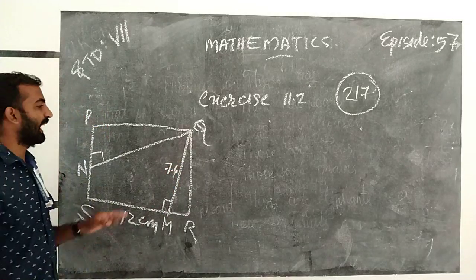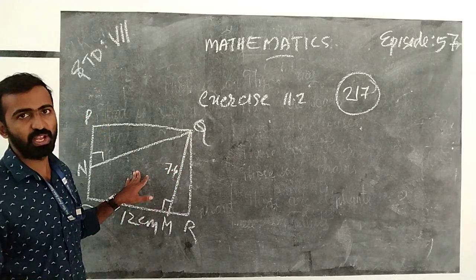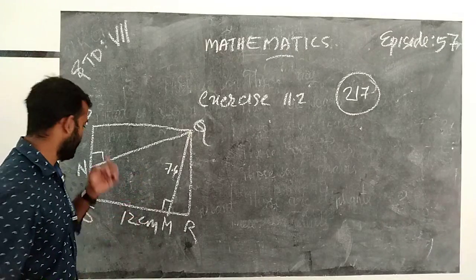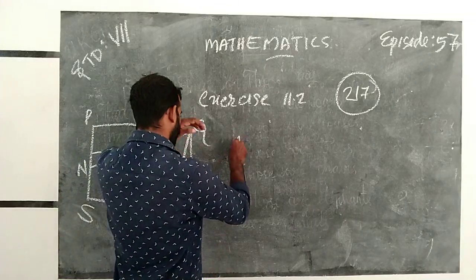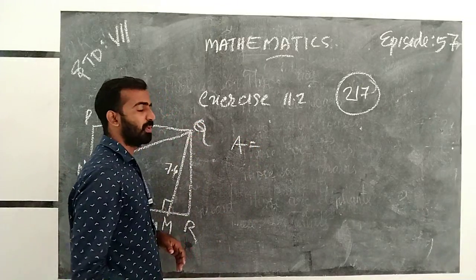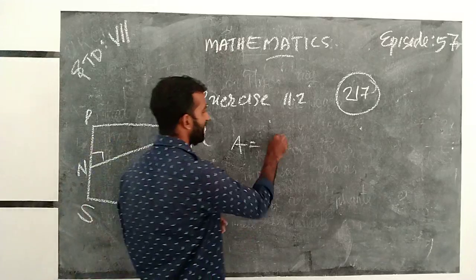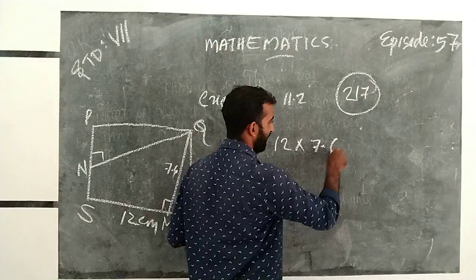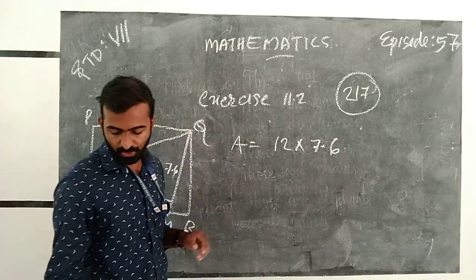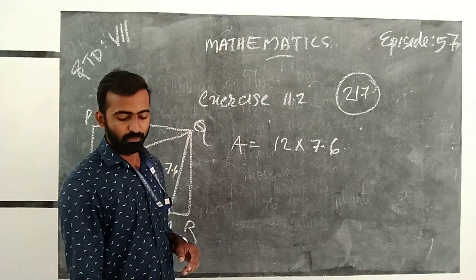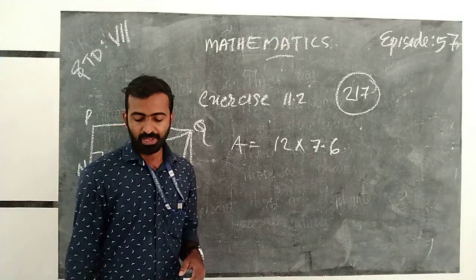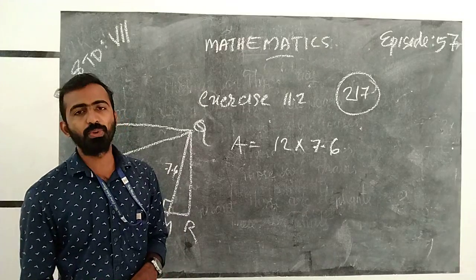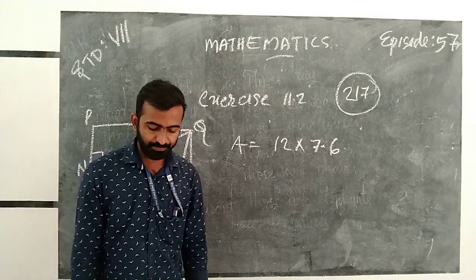First we want to find the area of this parallelogram. Area of the parallelogram equals base into corresponding height, that is 12 into 7.6. What is 12 into 7.6?